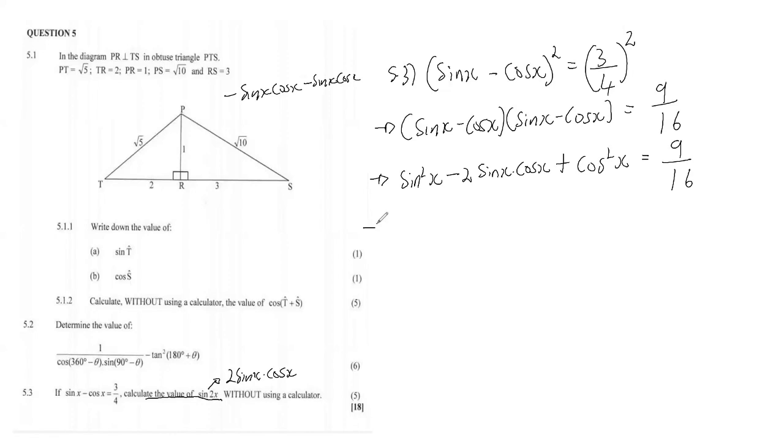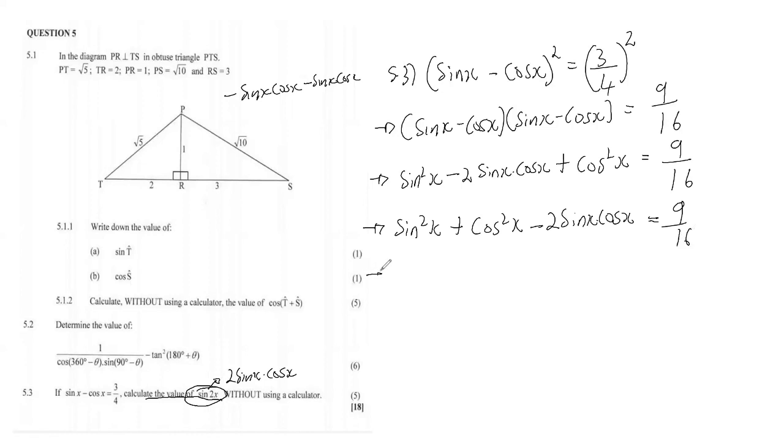But then if I can just write it like this, sine squared x plus cos squared x, you can now see that this is coming from your grade 11 trig identity, which we know is equivalent to 1. But look at this now, 2 sine x cos x, it is equivalent to the grade 12 trig identity of the double angle. Then is equal to 9 over 16.